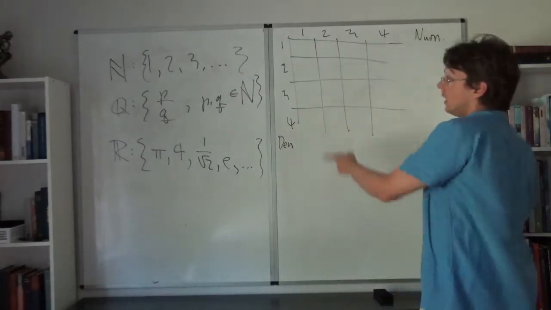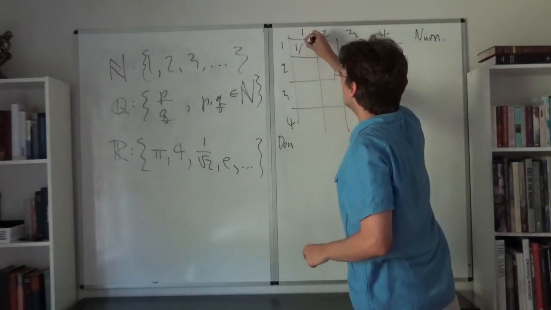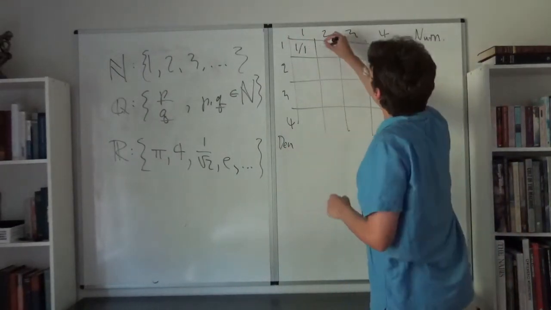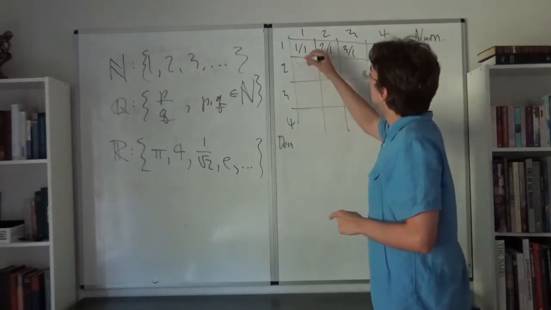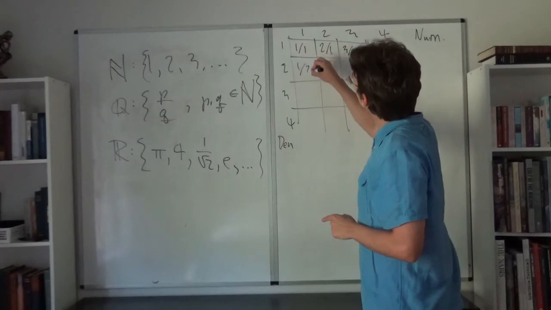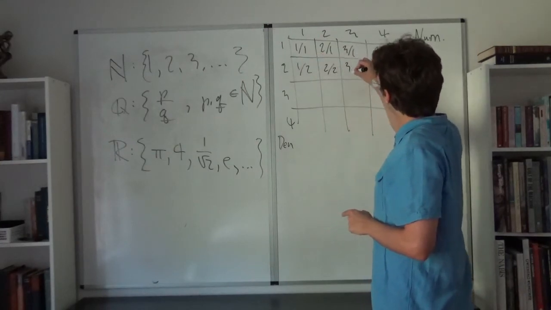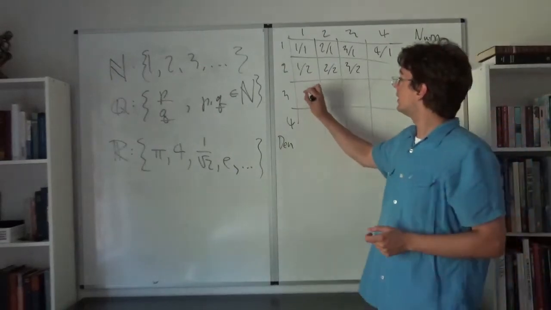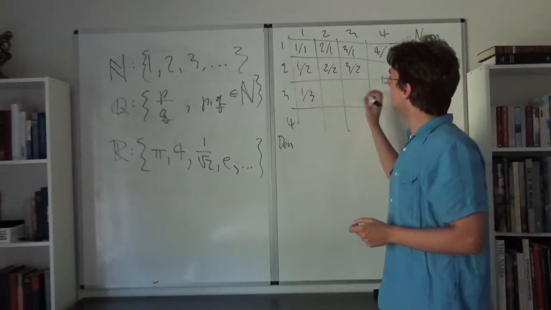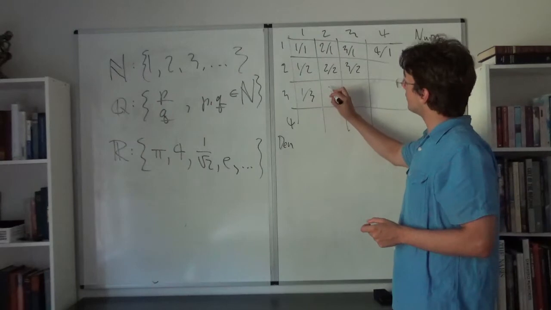So this is going to be 1 over 1, this is numerator, so this is 2 over 1, this is 3 over 1, this is 4 over 1, this is 1 over 2, 2 over 2, 3 over 2, etc. We keep doing it like this. And we keep coming up with more numbers in this fashion.